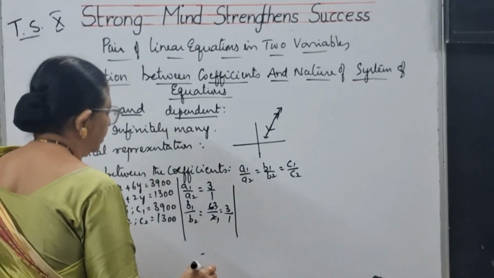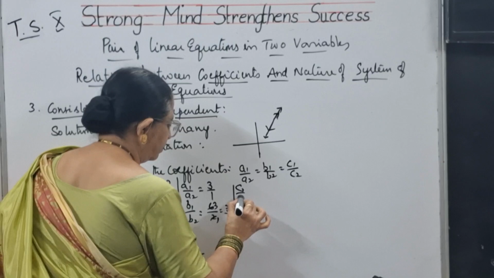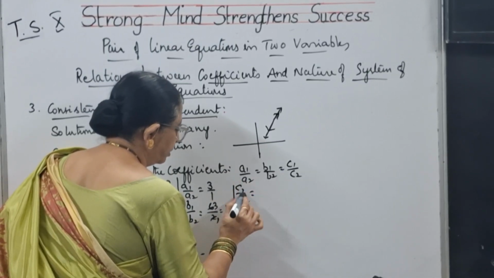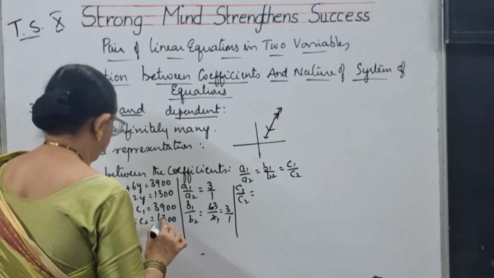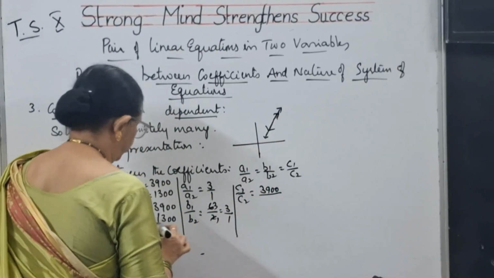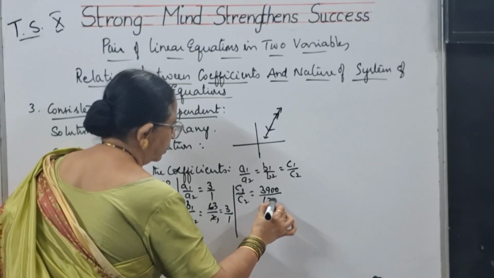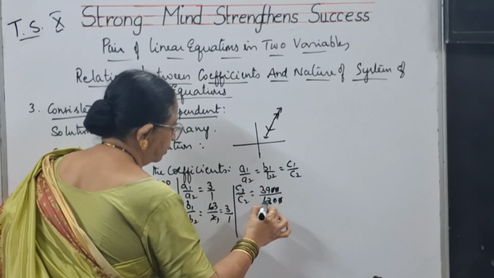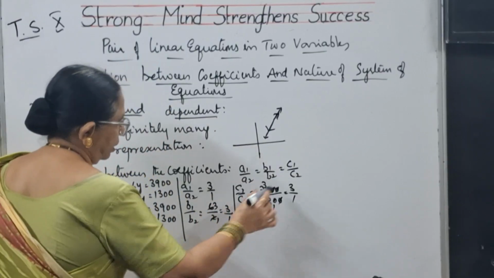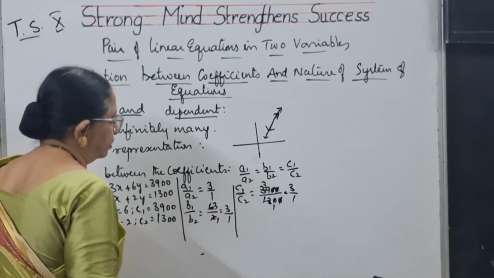Now c1 by c2, c1 is 3900 by c2 is 1300. So zeros will get cancelled. 13 ones are 13, 13 threes are 39, so 3 by 1. So in all the cases you have got 3 by 1 or 3.